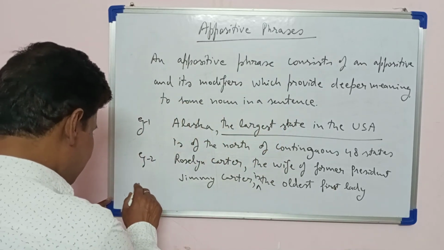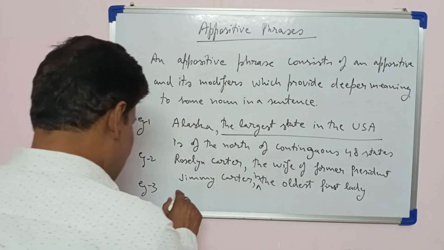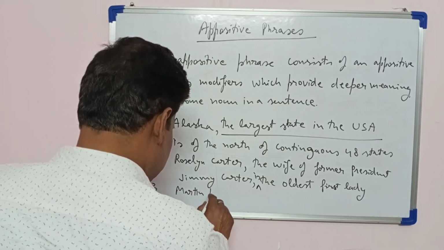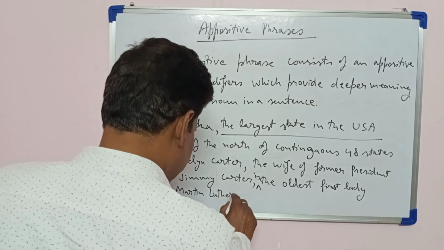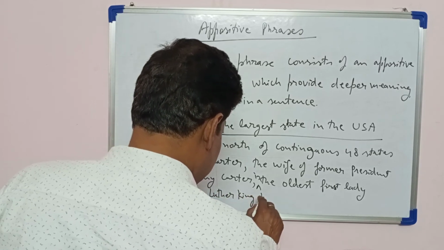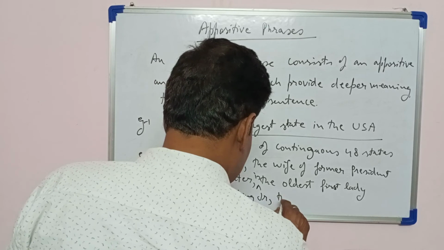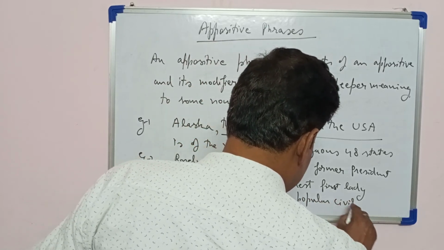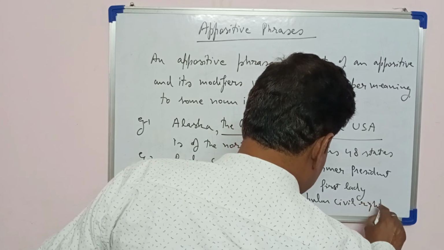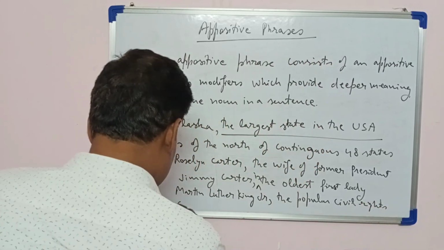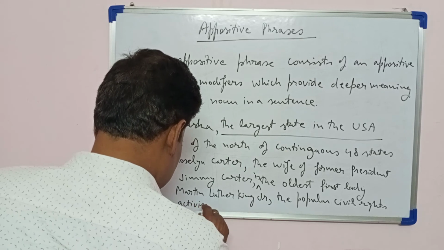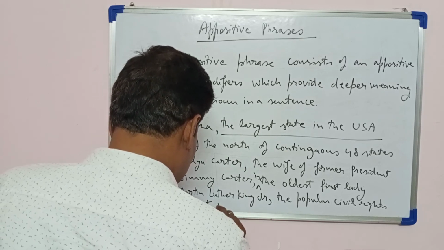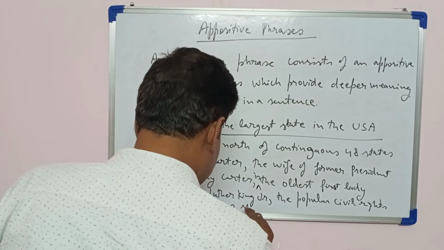See one more example. Martin Luther King Jr., the popular civil rights activist, was shot dead.